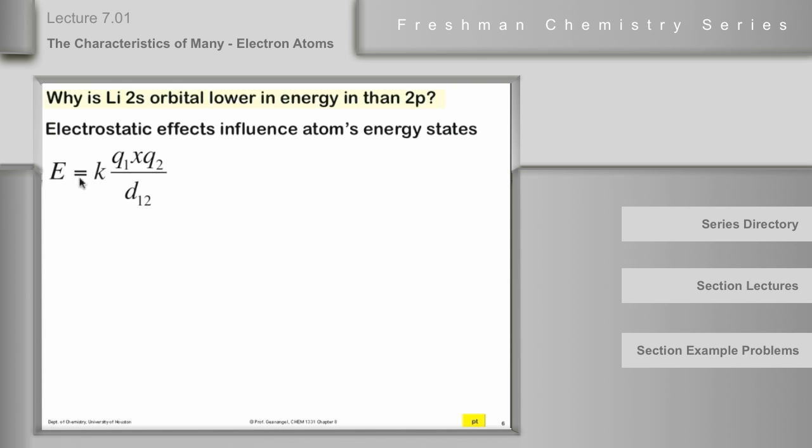Here's Coulomb's law over here. The potential energy of the system is equal to a constant times the product of the charges divided by the distance between the charges.